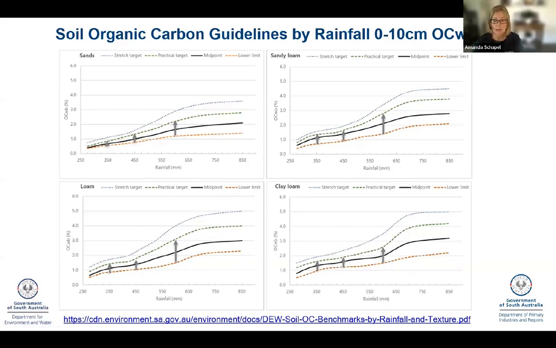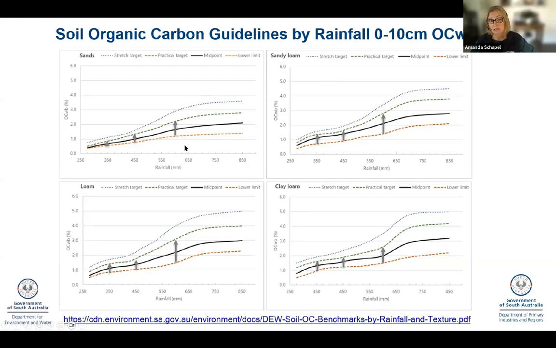Not to say that inputs aren't occurring in there, it's all about what is staying in that soil, so what's not turning over and what's being kept in the soil. So lower rainfall sandy soils are quite hard to improve in a big way. As you increase your rainfall, you can see that these values increase and that opportunity becomes higher.